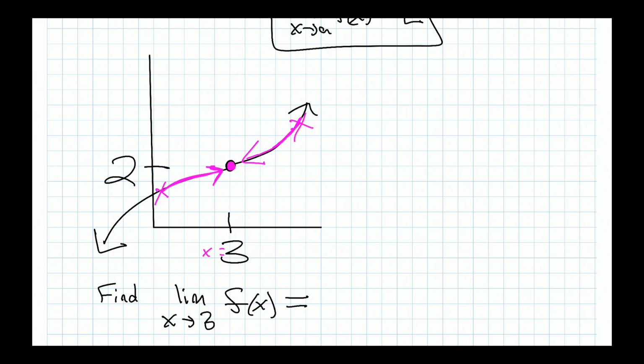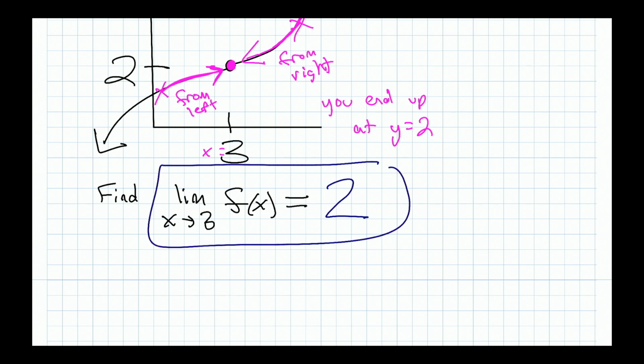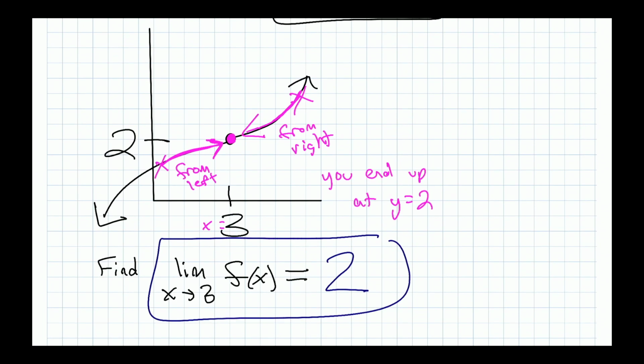So from the left and from the right, either way, you end up at y equals 2. So when you trace the graph, you end up at y equals 2. So what is this limit as x approaches 3? 2. All right, so that's how you do it from a graph intuitively.